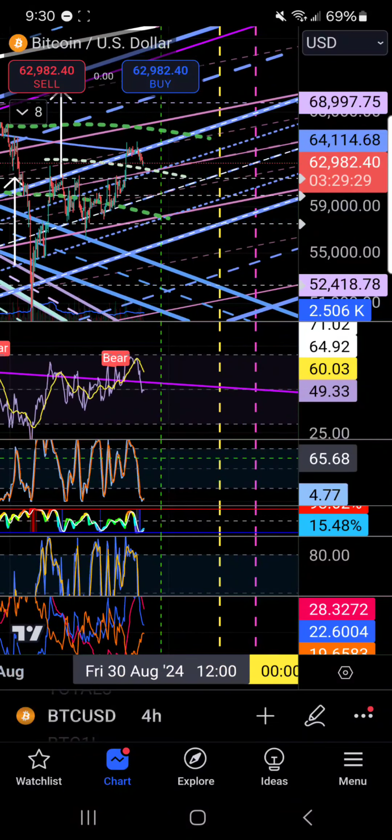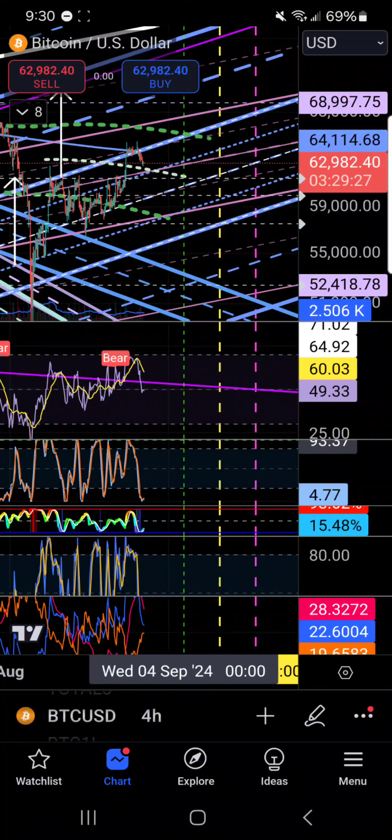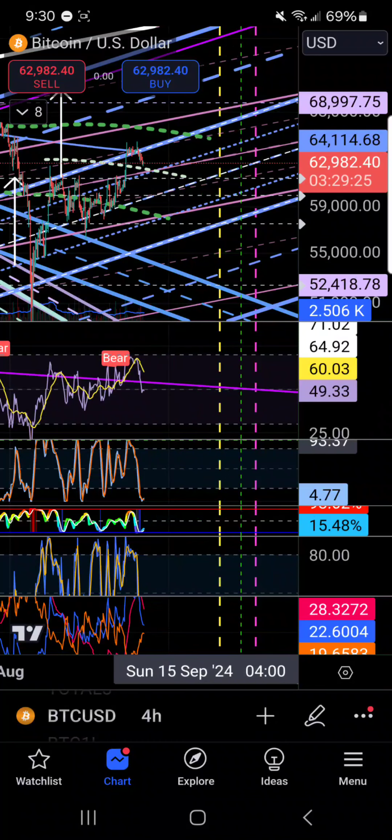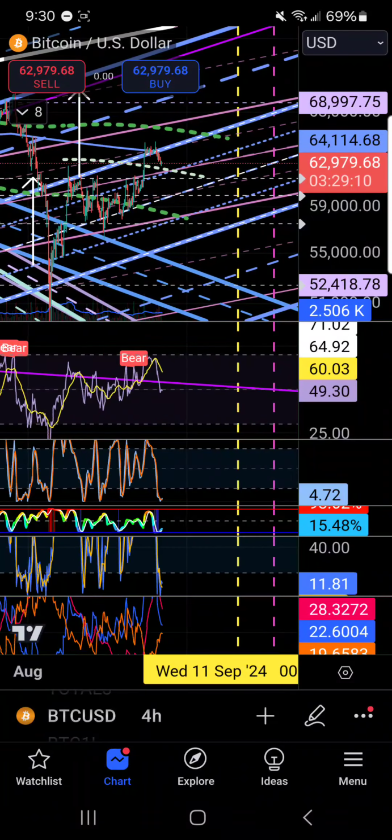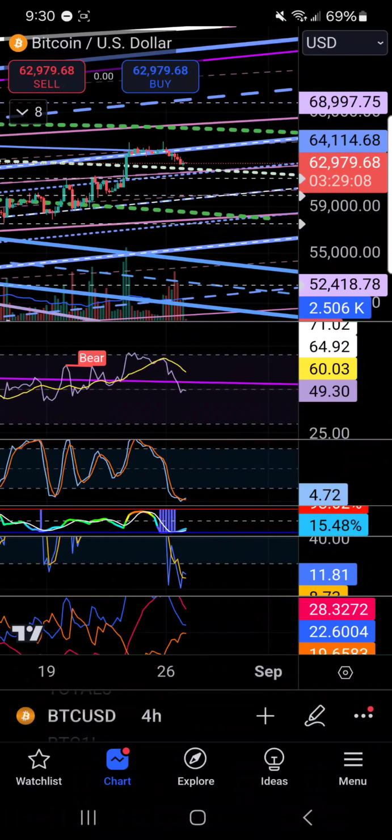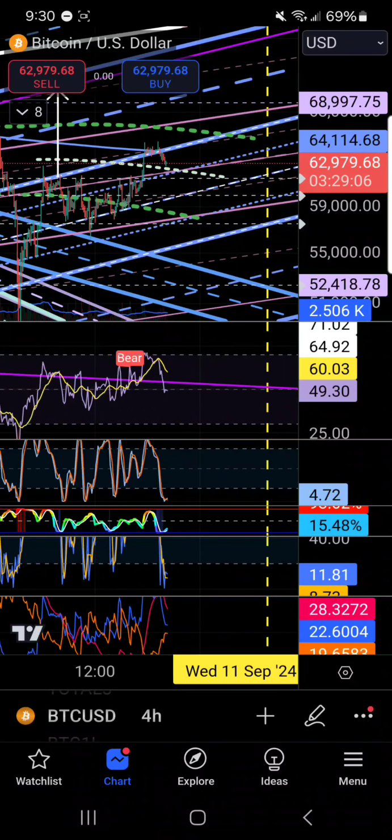If we could head upwards like this from here, we could do that all the way up until we get the CPI numbers in September and the FOMC meeting. I don't know quite what to make of this.